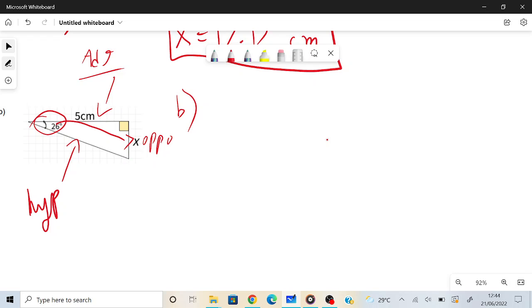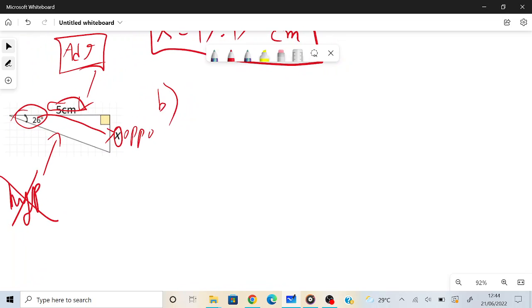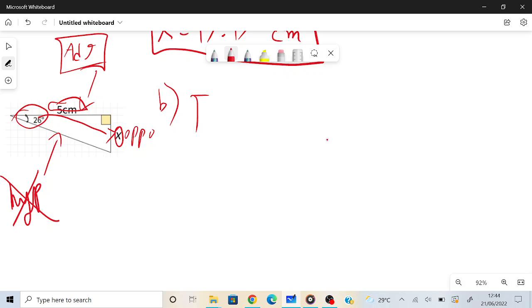So, we know that we're using the adjacent because we know the adjacent is 5. We know that our opposite is x, but we don't know anything about the hypotenuse. So that means hypotenuse is out of the equation. And from your SOH CAH TOA, the mnemonic that connects adjacent and opposite is tan. So we have tan 26 equal to opposite, which is our x, that's what we're trying to find, over our adjacent, which is 5.